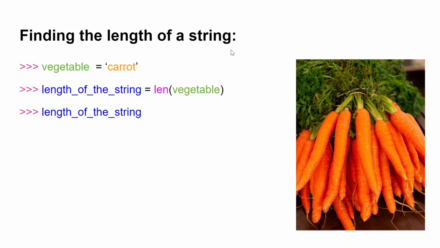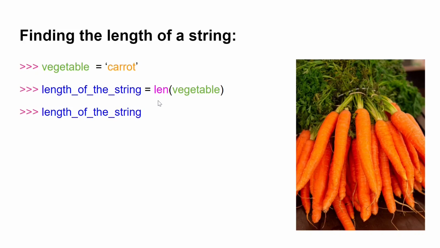Using an example from earlier in this video, I want to calculate the length of a string. So if you have a super long string and you want to find out the length of it, instead of taking ages and ages counting all the letters, I made a new variable called length of the string and assigned it to my other variable's name, vegetable, except I wrote len around the variable's name, and that's enclosed in brackets. So len stands for length, and length simply means how long it is.